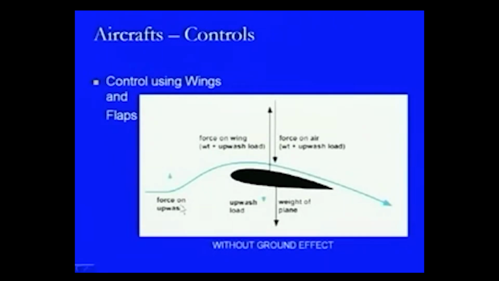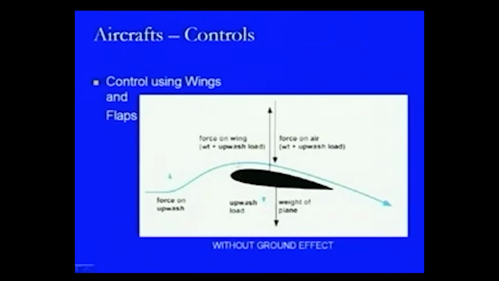Now, this is another diagram which is trying to just discuss the same sort of condition which we have already discussed. There is an upwash which is coming in this direction, and a downwash remains after that one, and this upwash is acting in the upward direction, whereas the weight of the plane is acting in the downward direction, and the force which is acting on the wing will be the weight plus the upwash load.